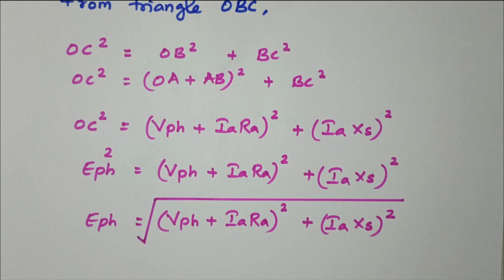Based on that we discussed the phasor diagram. Because of unity power factor, IA and V phase are in phase with each other. There is no phase difference. Then from the triangle OBC, we got the final expression for E phase.